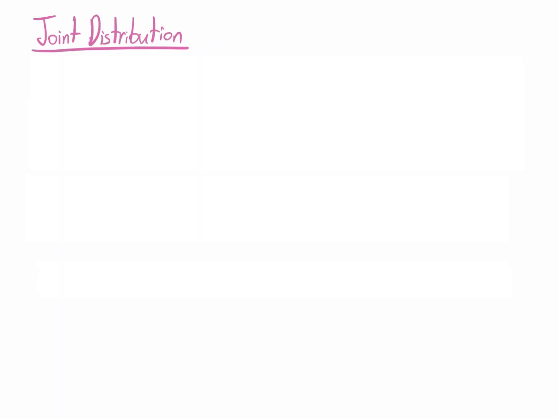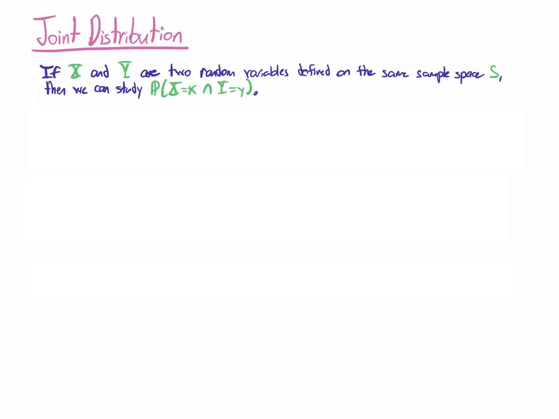Since we can define multiple random variables and combine them, we can also talk about their probability mass functions or distributions, and it's helpful to talk about them together. So here's our definition. If x and y are two random variables that are defined on the same sample space, then we can ask about the event that x has some value and y has some value, and we can study the probability of this event.